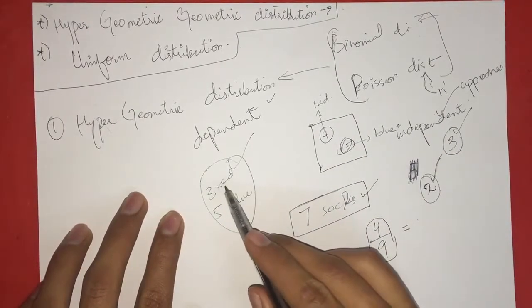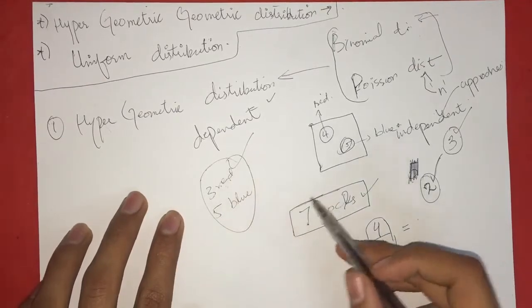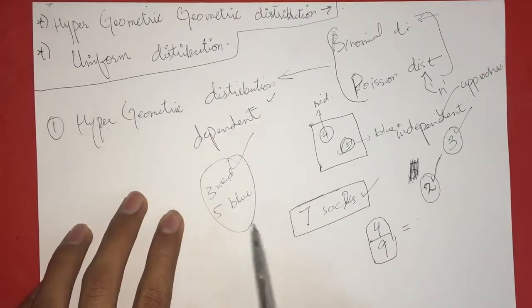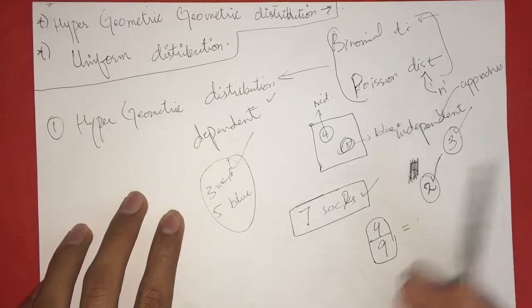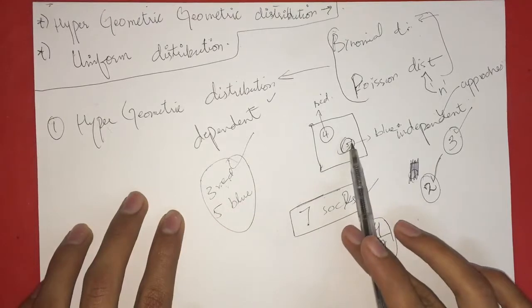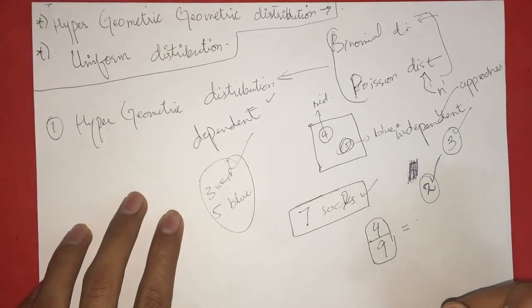But here, as we took out a sample, and we took out 3 red socks and 5 blue socks, and we are not replacing these socks back in the container, now the probability of red is not going to be the same.